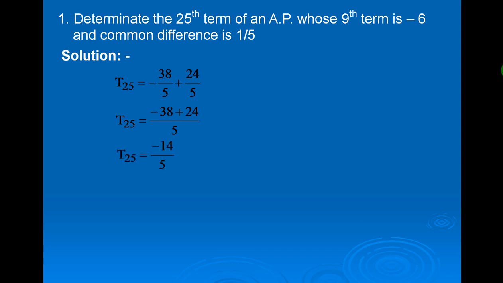Therefore, T25 is equal to minus the difference of 38 and 24, that is 14. So T25 is equal to minus 14 upon 5. This is the required term that we have to find.